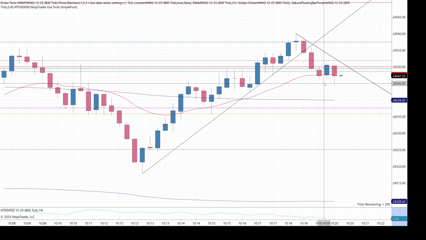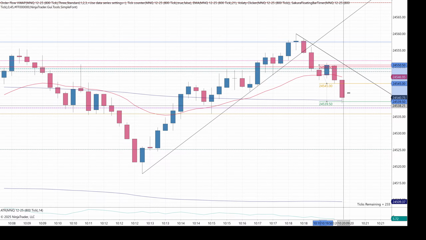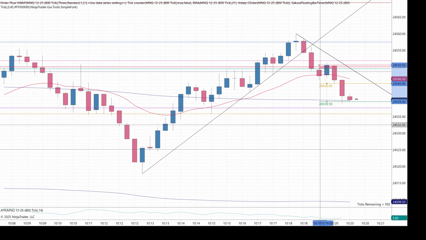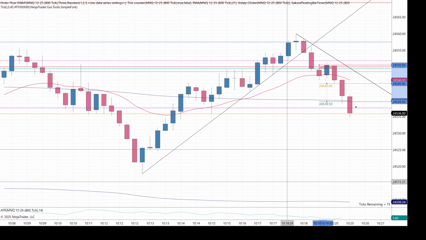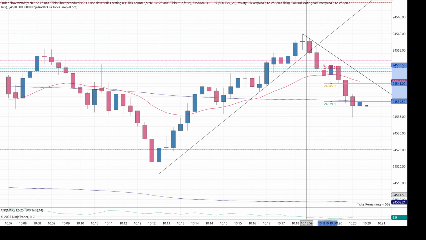This candle might be too big for standard deviation. It happened so quick anyway, I couldn't get in. Even if I wanted to get in, could not get in. That was fast.